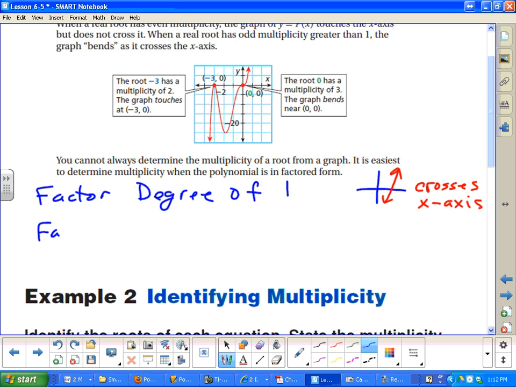If the factor has a degree that is even, okay, even degree, 2, 4, 6, 8, 10, 12, and so on, then it's going to look like this.